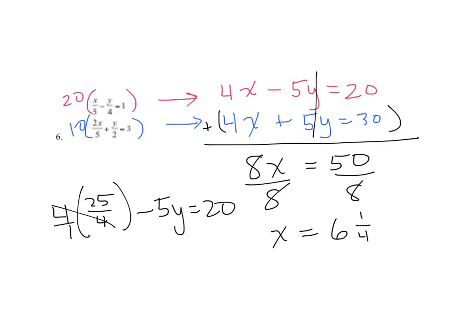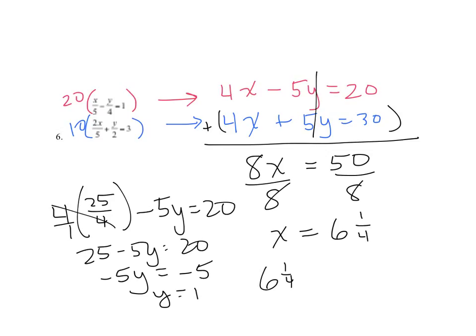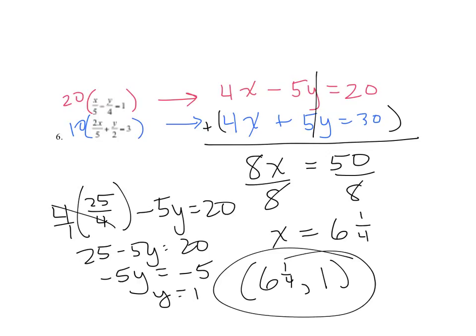Those 4's are going to cancel, so we have 25 minus 5y equals 20. Subtract 25 from both sides, and we get that negative 5y is negative 5, so y is 1. So 6 and 1/4, or 25/4 if you prefer, it doesn't matter to me, and 1 is the ordered pair solution to this system.